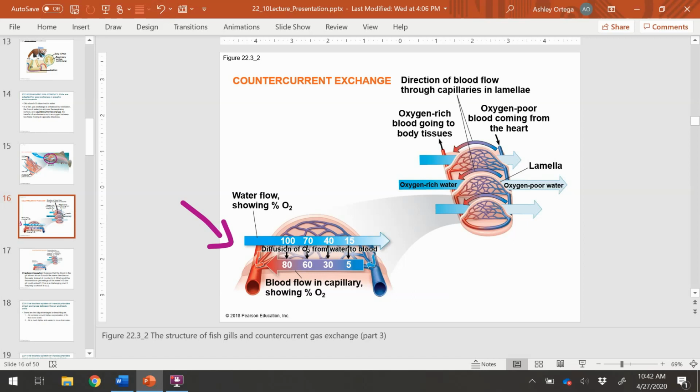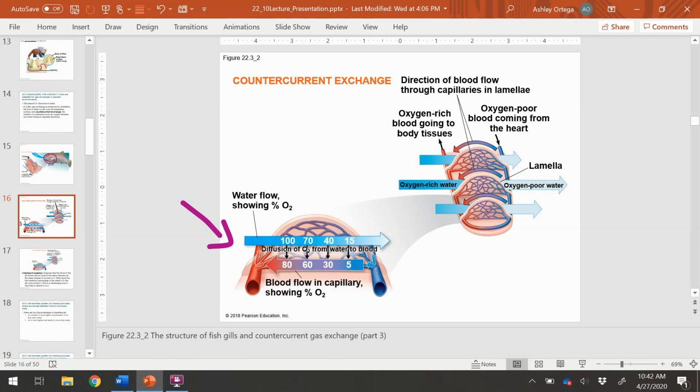Fresh water is going to have a certain amount of oxygen, and for simplicity's sake, we'll label it 100%. It has the maximum amount of oxygen per volume of water that it can.